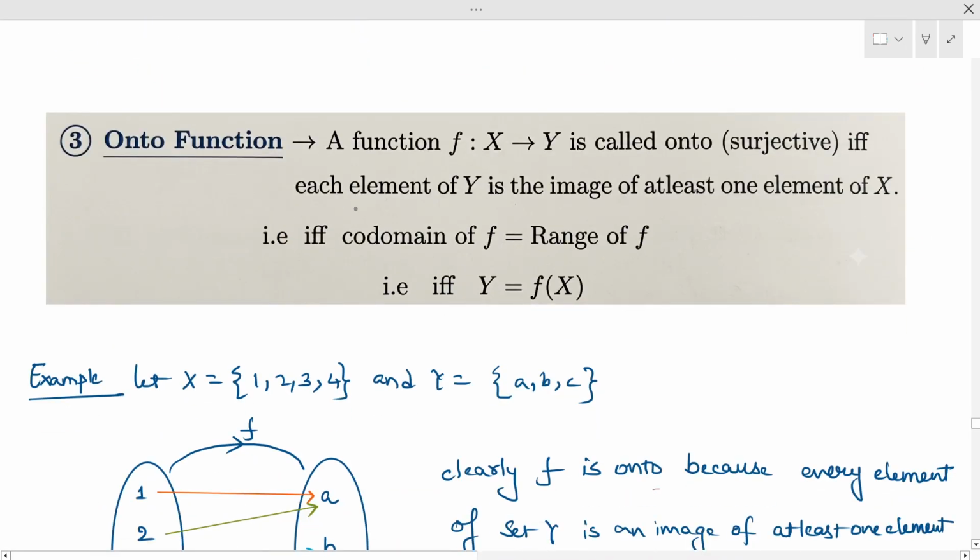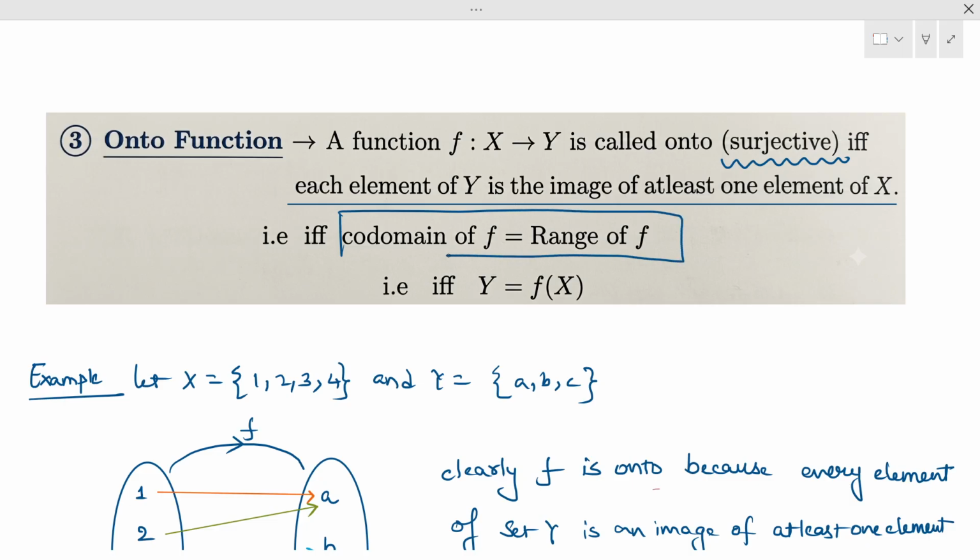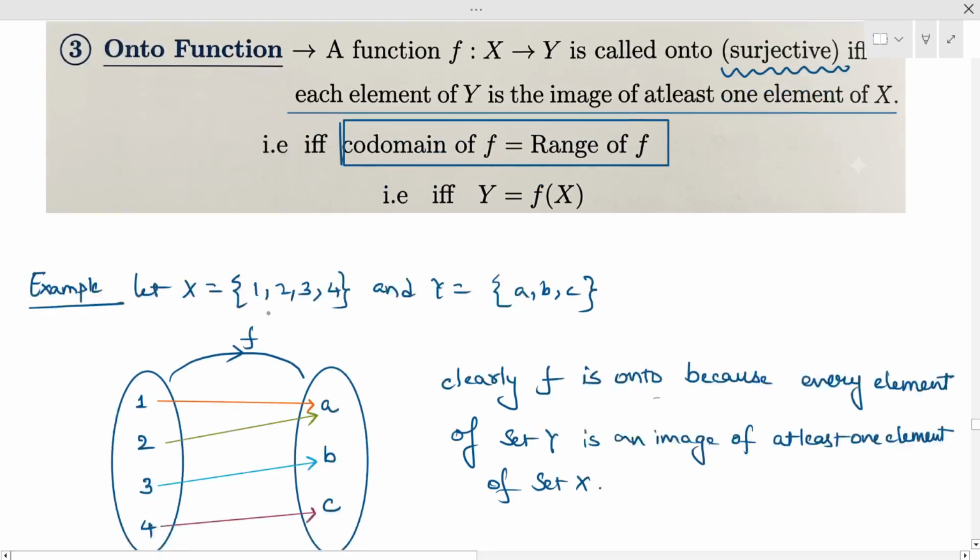Next is the onto function. A function from x to y is called onto, also called a surjective function, if and only if each and every element of y is the image of at least one element of x. That is, the codomain of f should be equal to the range. What does this mean? Let's see.